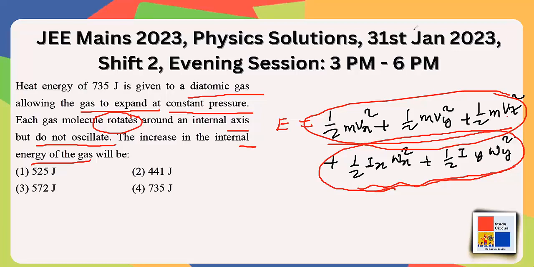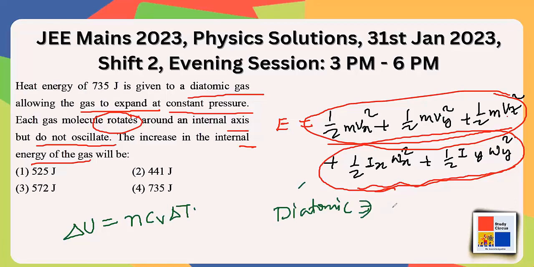The change in internal energy for any gas, for n moles, is given by n CV delta T. And for a diatomic gas that is not oscillating or vibrating, CV, the specific heat capacity at constant volume, is 5R upon 2.